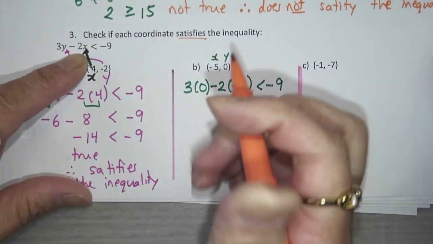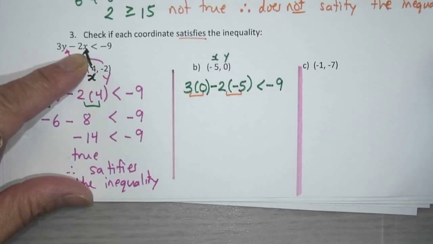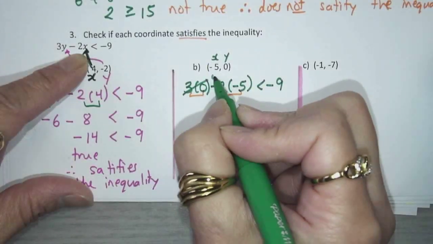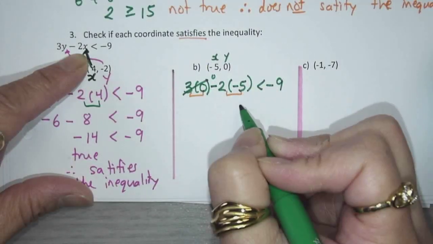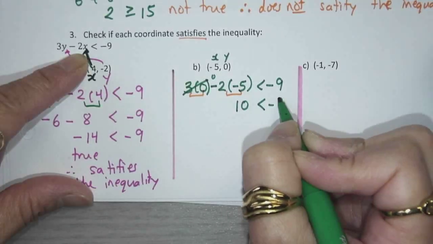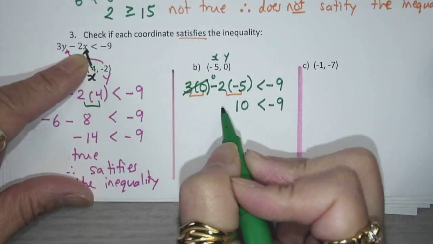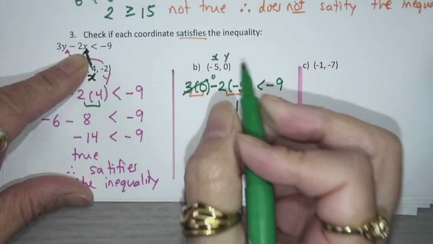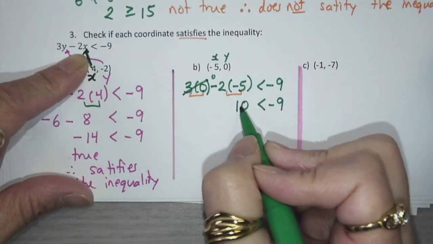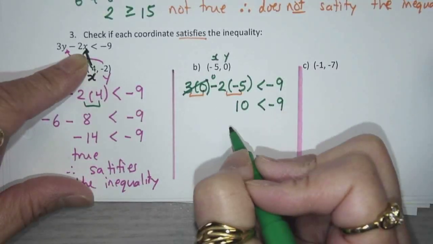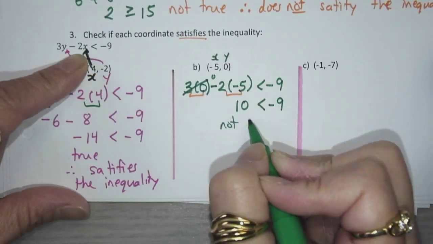We do our multiplication first, so 3 times 0 is 0. Then negative 2 times negative 5 is 10. See if you can do it faster. You might have done an extra step, 0 plus 10, but you can go straight to 10. Is 10 less than negative 9? Not true.